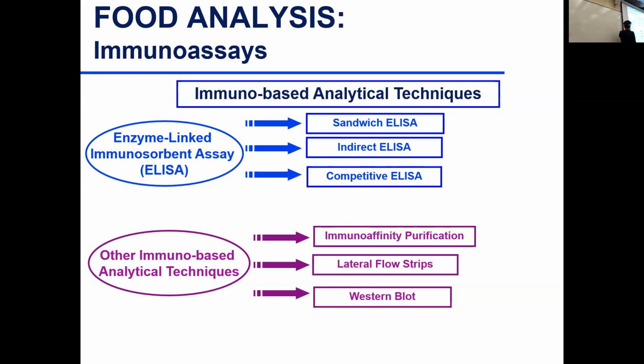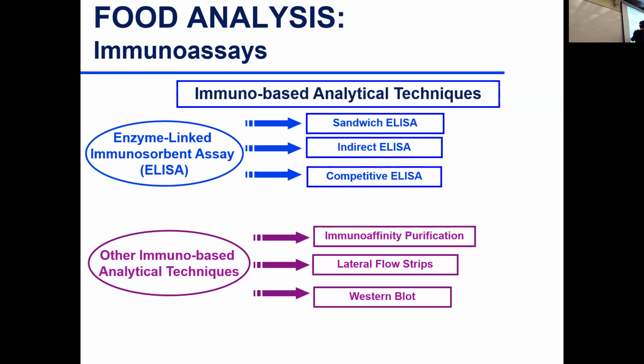So enzyme-linked immunosorbent assay, we have different kinds. We have the sandwich ELISA, indirect ELISA. Sandwich ELISA can actually be direct and indirect, and we'll talk about that. Competitive ELISA, mostly for small molecules.